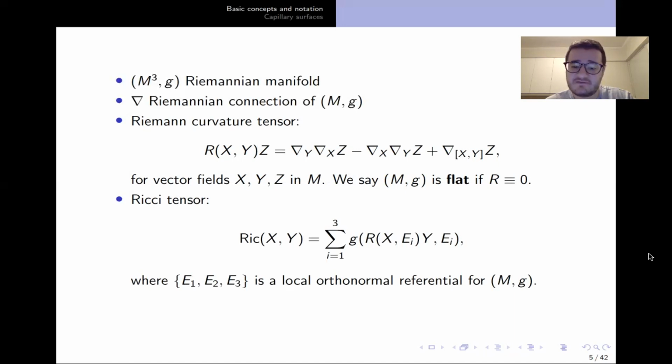It's a 2-0 tensor, but we can fix, for example, x equal to y and define a kind of quadratic form. So this is the Ricci tensor. E1, E2, and E3 is a local orthonormal frame for M, and the definition does not depend on the local orthonormal frame.